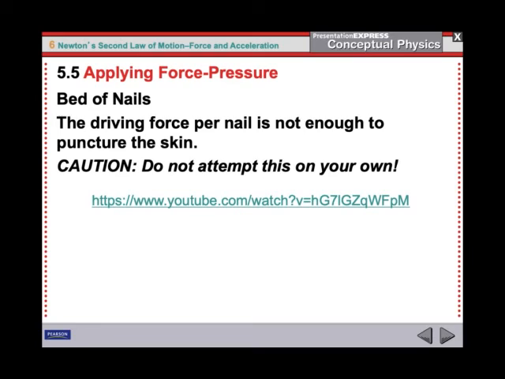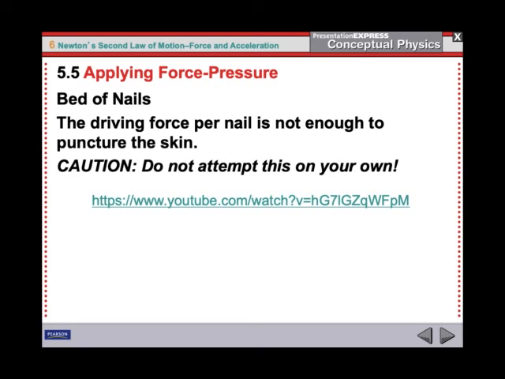Once you're on the bed of nails, it doesn't puncture your skin because all your weight has spread out over all of these nail heads, and the pressure of each nail is not enough to pierce your skin. However, if you stood up with your heel on one of those nails, it would certainly drive through probably the bottom of your shoe if you're not wearing special shoes, and it would hurt you.